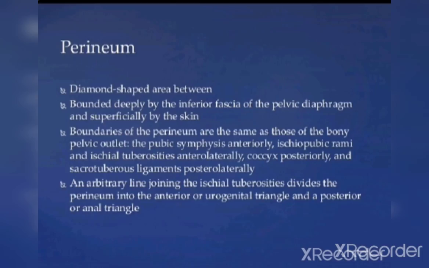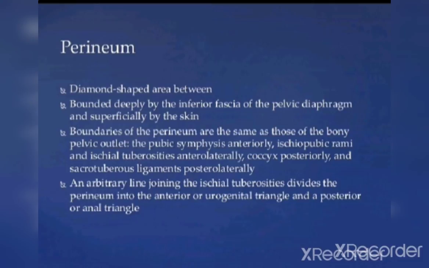Okay, so next is the perineum. The perineum is a diamond shaped area between the anal and the vaginal opening. It is bounded deeply by the inferior fascia of the pelvic diaphragm and superficially by the skin. Boundaries of the perineum are the same as those of the bony pelvic outlet.